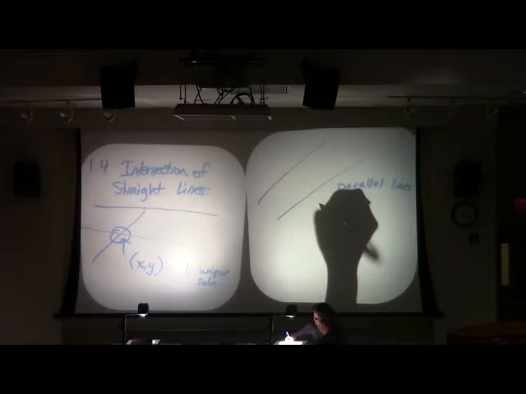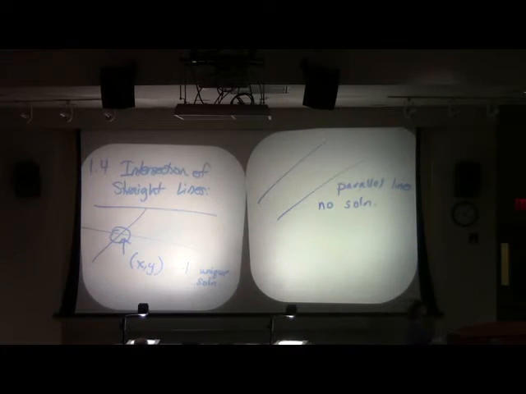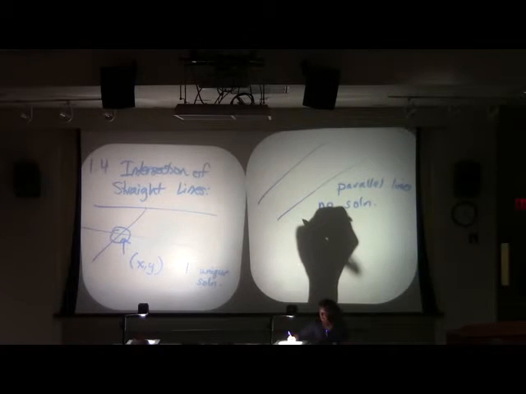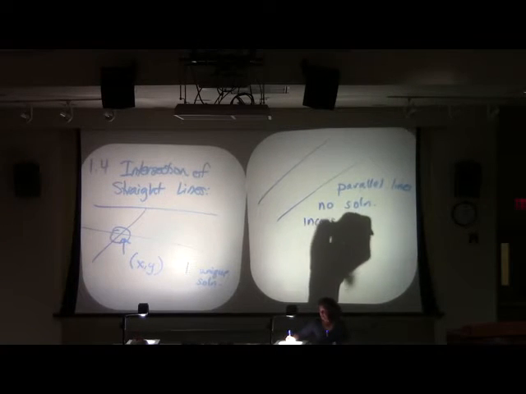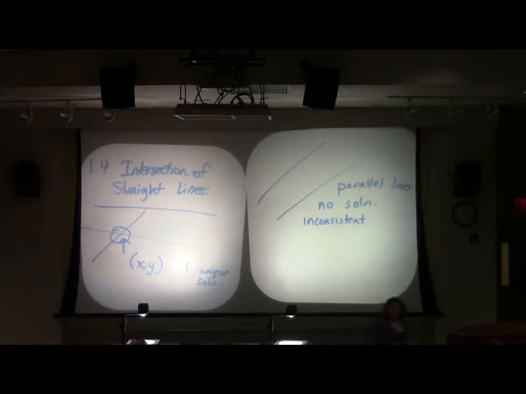So, if you want to know the point where these two lines meet, I think you'll grant me that saying no solution is a pretty good response. Now, your book eventually uses a word called inconsistent instead of no solution. Really, I don't care which way you put it.